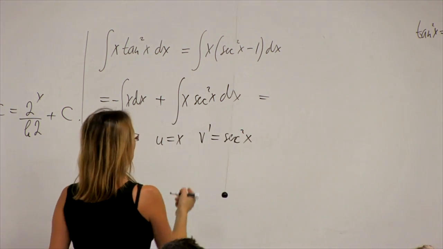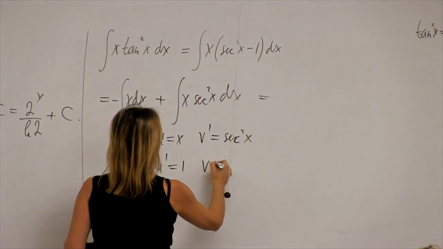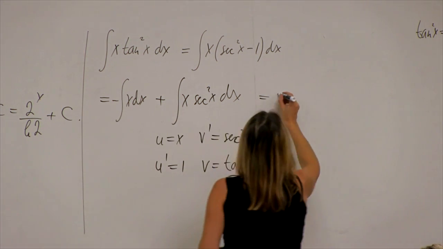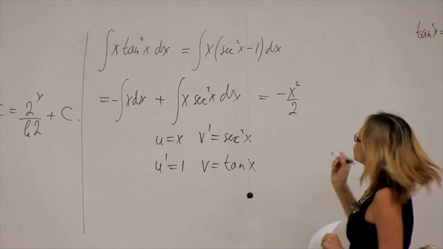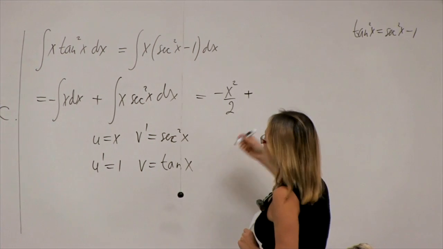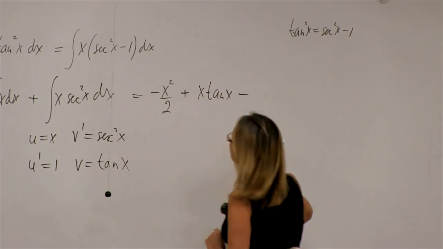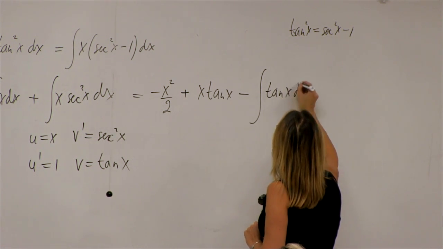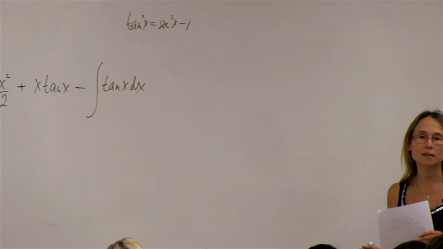So that immediately sets up my integration by parts. So minus x squared over 2 comes from the first integral, and I have uv, x tangent x, and I have minus the integral of tangent x dx. Okay? I'm not quite done.